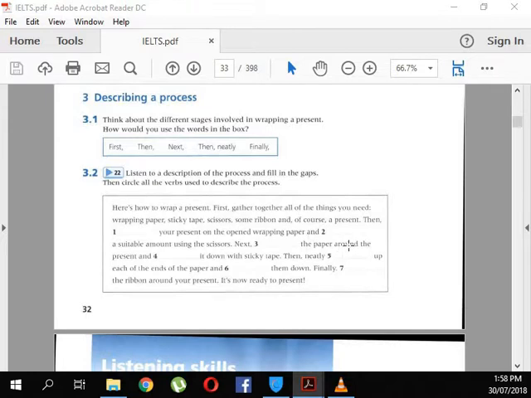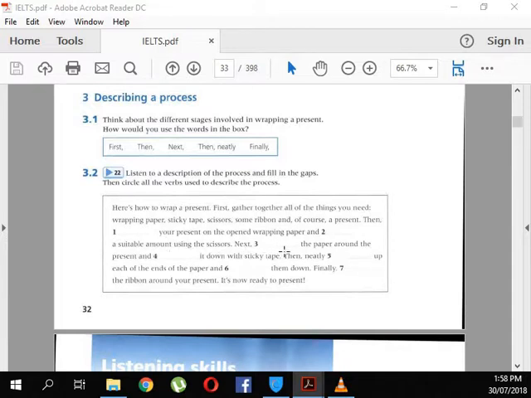Okay, so here's how to wrap a present. First, gather together all the things you need: wrapping paper, sticky tape, scissors, some ribbon, and of course a present. Then place your present on the opened wrapping paper and cut a suitable amount using the scissors.